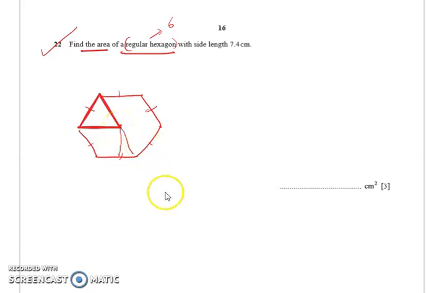Then we have second triangle, third triangle, fourth triangle, fifth triangle, and sixth triangle. Okay, if it's a regular hexagon, it means that every angle here will be, let's say we take this one.